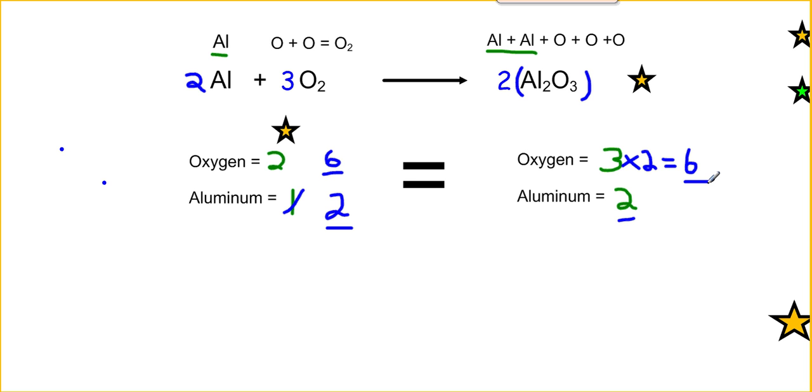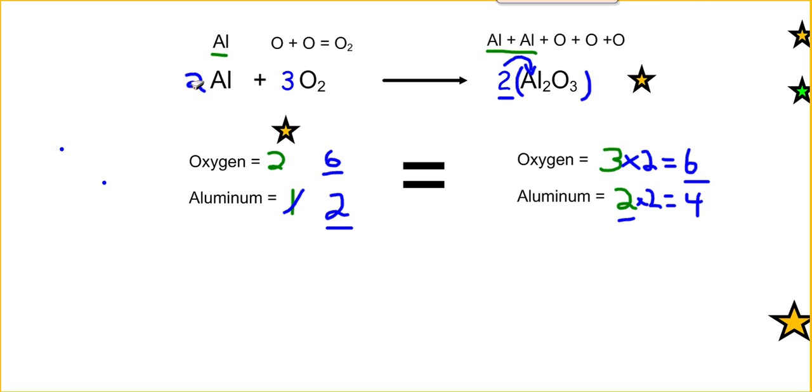Well, that's balanced. But we changed something. We took this 2 and put it in front of this entire molecule. Because of that, this 2 is now also being multiplied by the aluminum. So it's 2 times the 2 aluminum that are already there. And so suddenly we have 4 aluminum on this side. But that's okay.